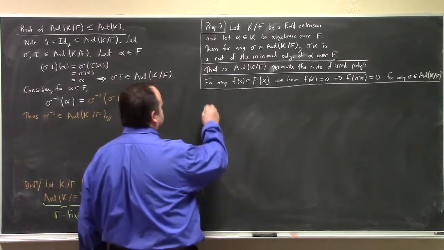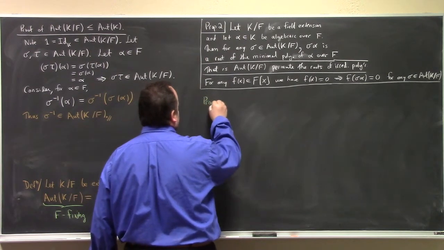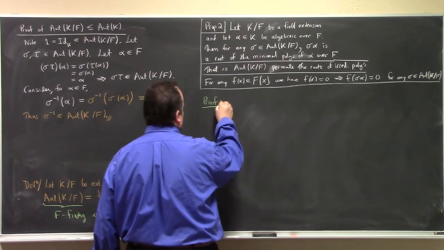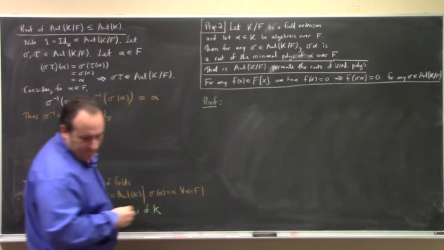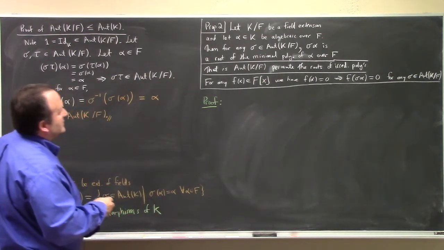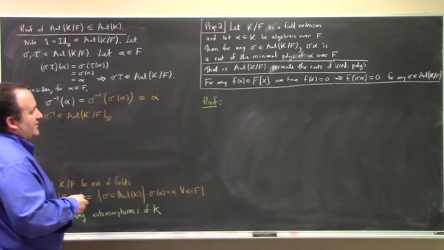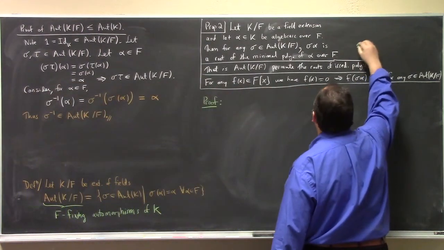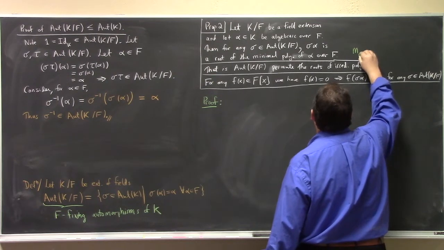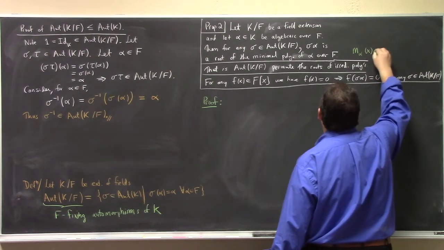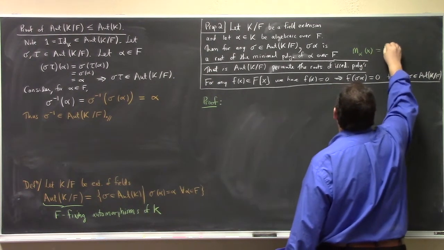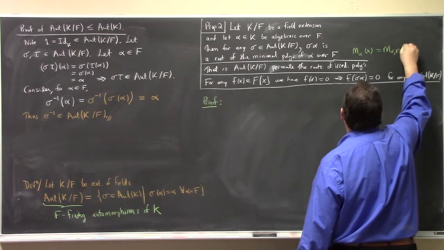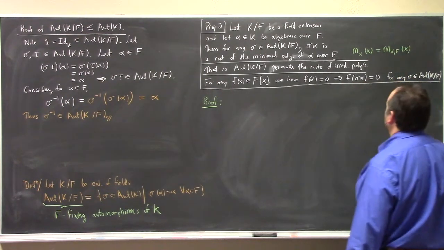Okay, so proof. How shall we prove this assertion? So you remember our notation before for minimal polynomial was m alpha of x, right? And sometimes we did m alpha over f of x if we were feeling very pedantic.